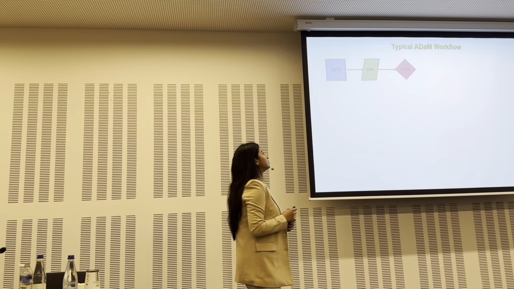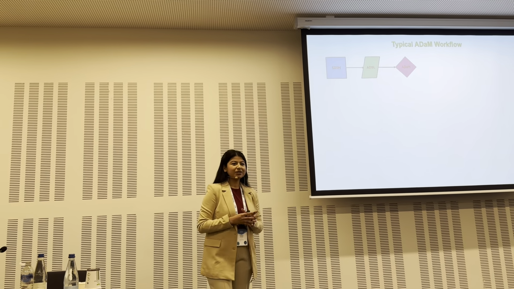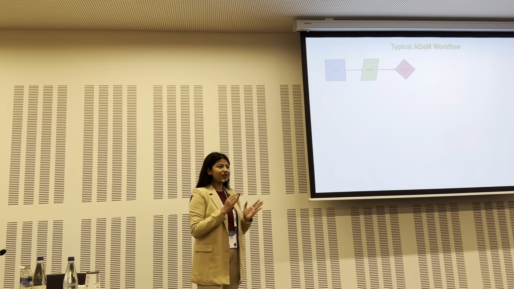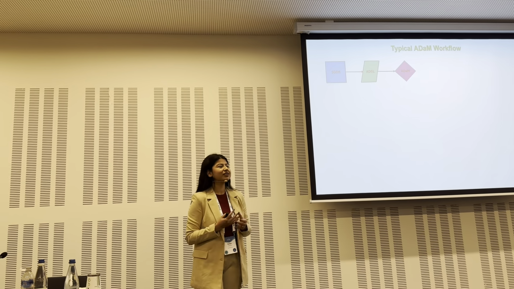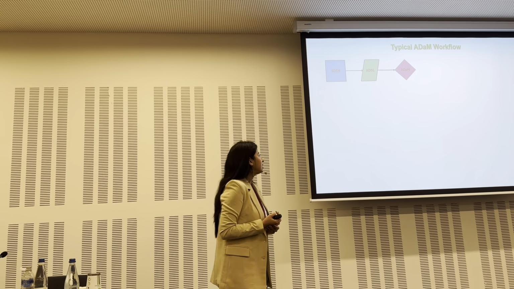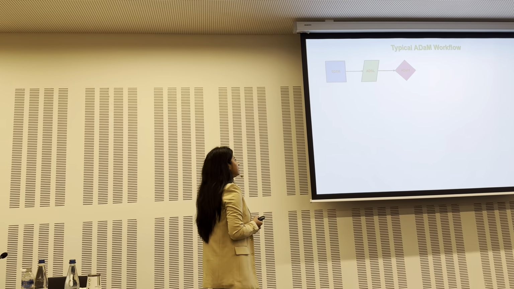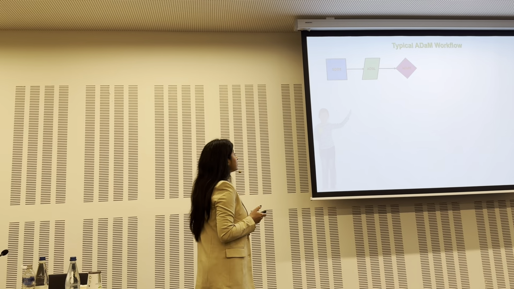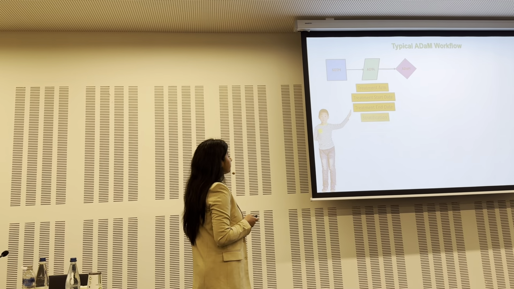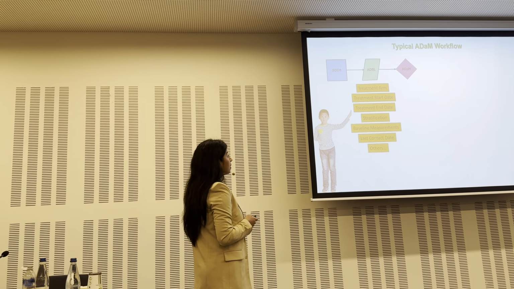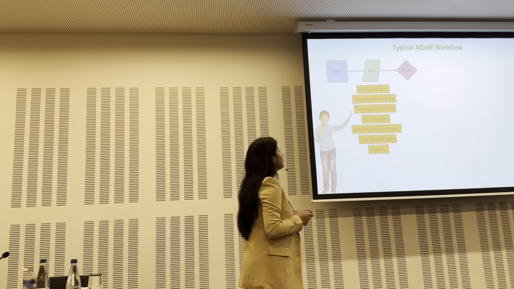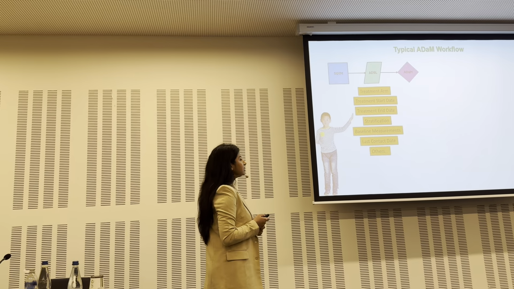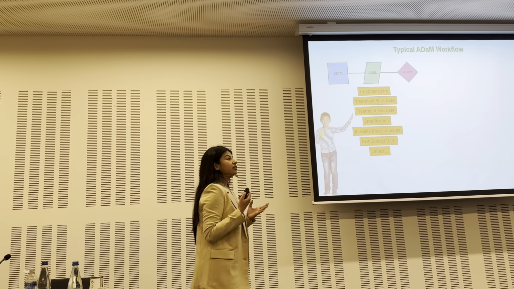So, a typical ADaM workflow. We know in a clinical trial, when we create ADaMs, the first and foremost data set which we generally create is ADSL. ADSL contains, of course, demographic information, but alongside it contains a few important variables that can be used for subsequent ADaMs and to create variables that are needed for our clinical trial endpoints.